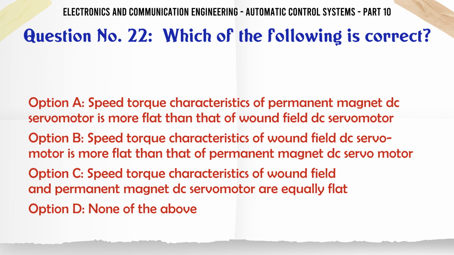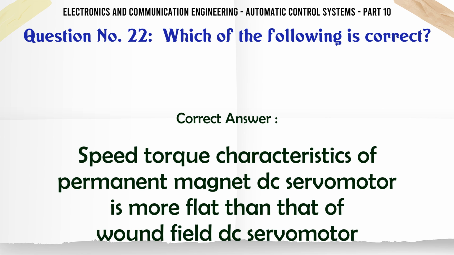B, the reverse. C, both are equally flat. D, none of the above. The correct answer is A: permanent magnet DC servomotor is more flat.